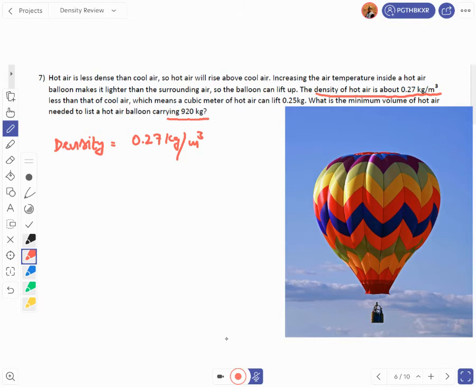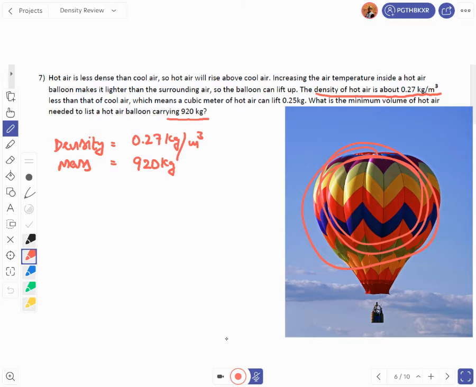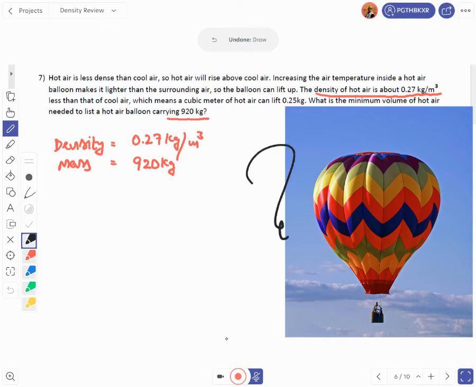And next, the mass is also given as 920 kilograms, which means the mass of this balloon is given as 920 kilograms. The question is how much volume of air is needed so that the balloon can lift 920 kilograms. So the question is, what volume of the air?